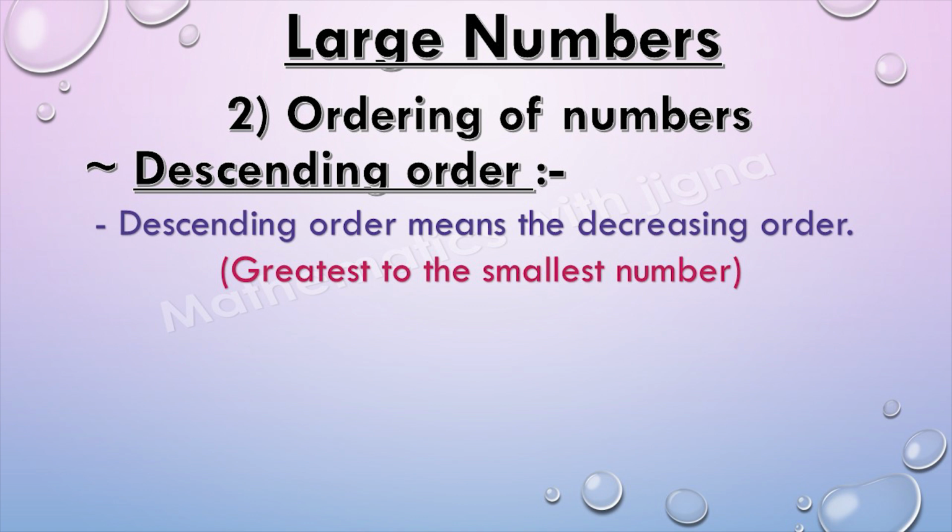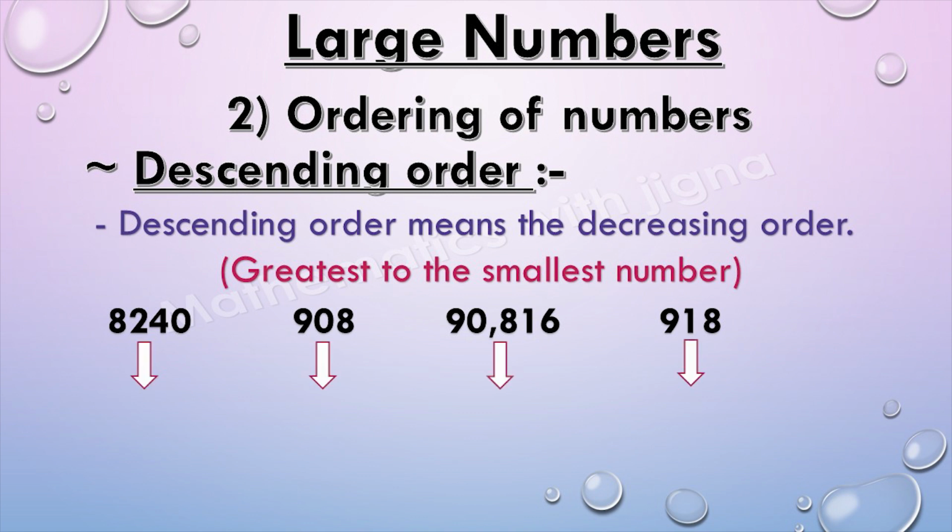Let's take an example. How to arrange the given numbers in descending order? 8,240, 908, 90,816 and 918. Now which is the greatest number? For finding that, we have to count the digits first.